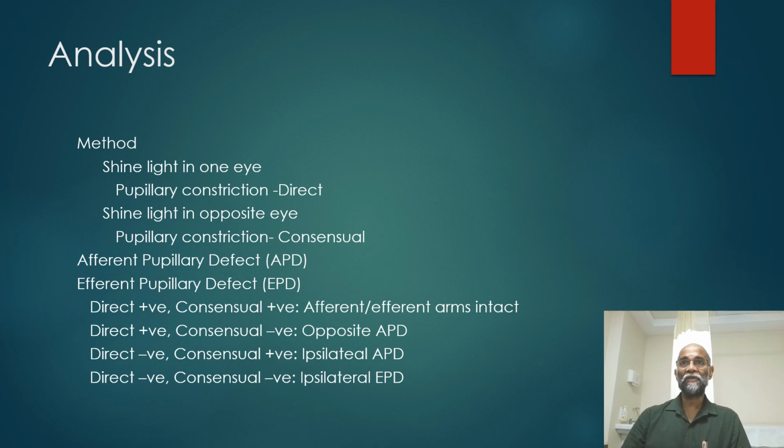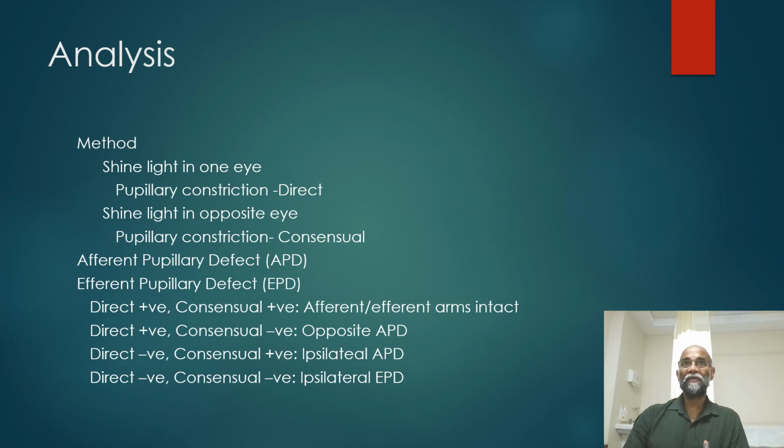In an unconscious patient, how would you assess the pupil? Like we already said, a positive direct light reflex implies that both the afferent and efferent arms are working. The optic nerve is conducting, and the third nerve is bringing intact parasympathetic fibers back to the pupil.